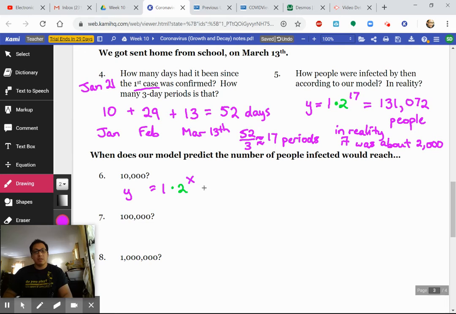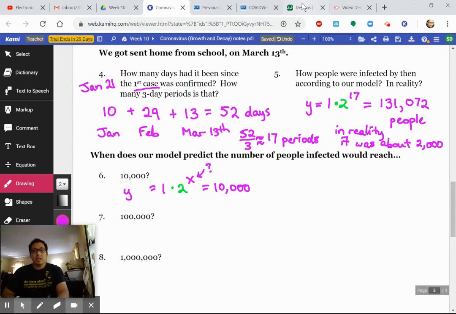When is this going to equal 10,000? It looks like it's before 17 doublings. So the question is, what does x have to be? I think it's going to be less than 17 doublings, because at 17 we were at 131,000 already.